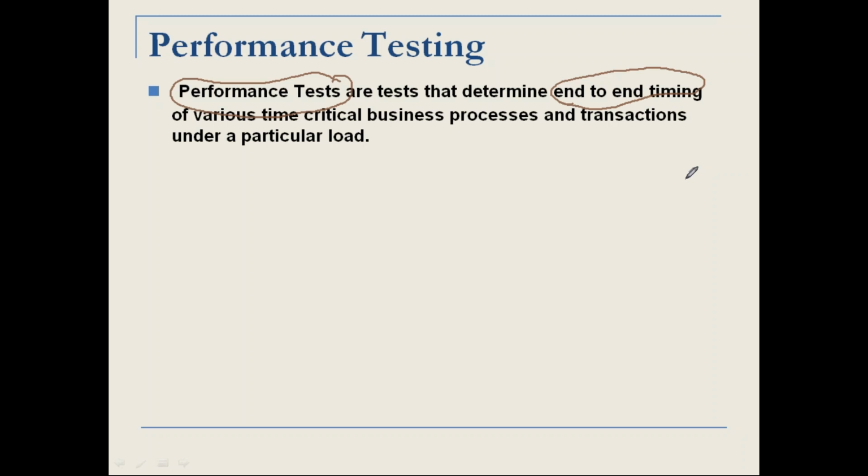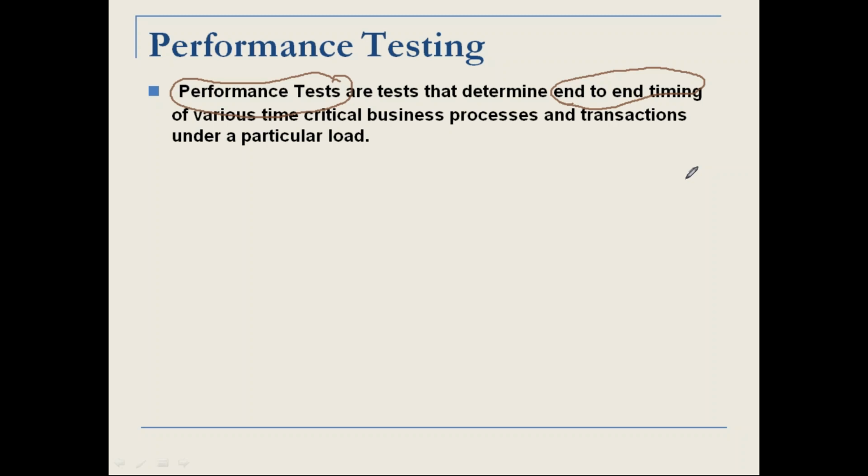Now, this end-to-end timing should not be measured only when one user is doing it. I should measure it when multiple users are doing it, or when multiple users' load is on the application.